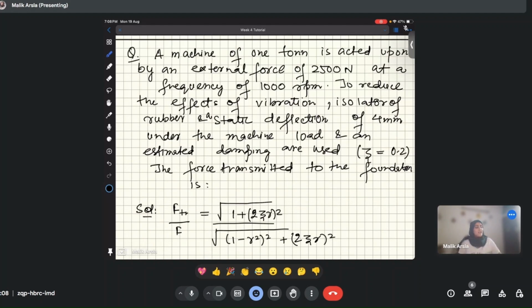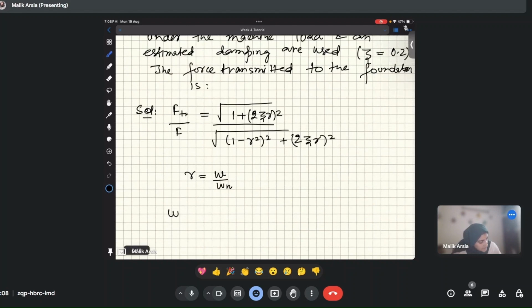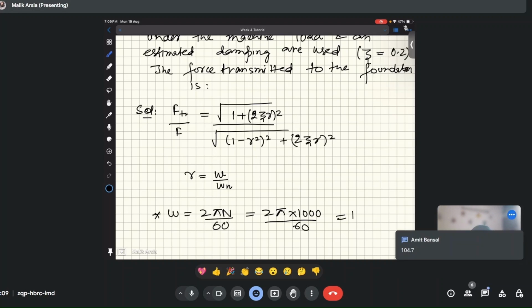Now the frequency is given as 1000 rpm. It is simple. We know that omega is 2 pi N upon 60, so it will be 2 pi into 1000 upon 60. When you calculate this, I have already calculated it, it is 104.71 radians per second.